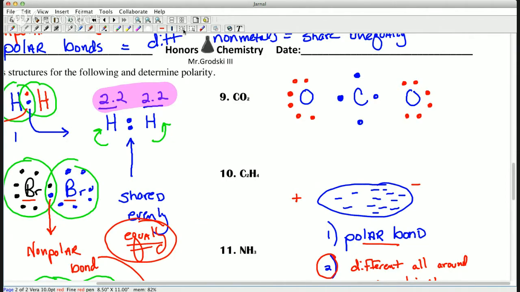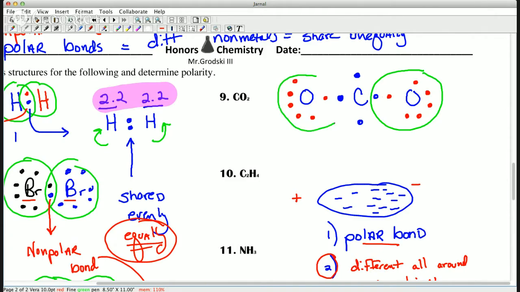Okay, party people. I am now going to make one bond. All you do is make a bond. So I have one blue. I bring this in, and I bring another bond here. And what do I do? I evaluate. I see how many electrons this guy has. This oxygen has 1, 2, 3, 4, 5, 6, 7.